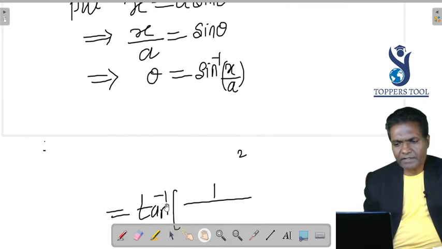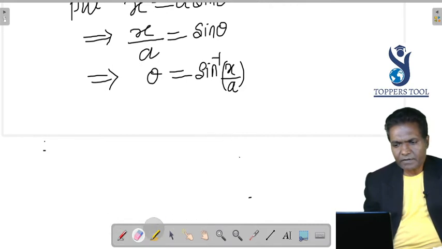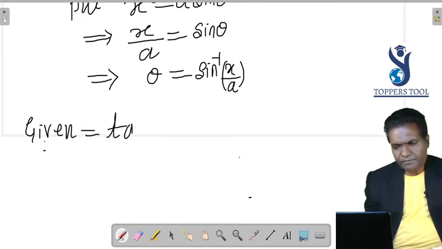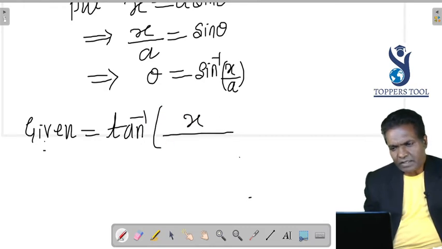So your given is, let me write your given, it is tan inverse of x divided by square root of a square minus x square.